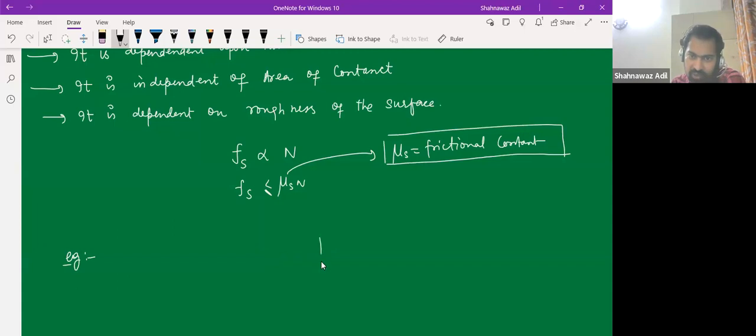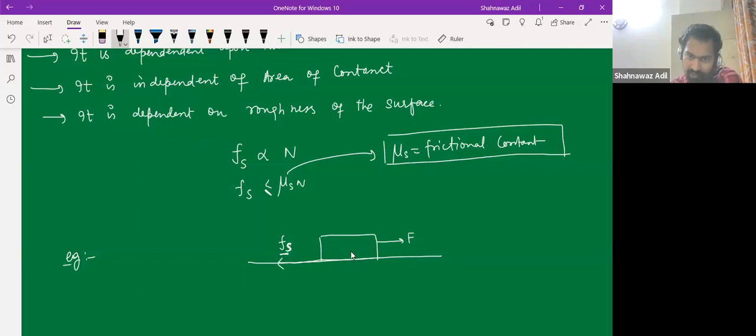So we have this object, and it is kept on this surface, and you apply some force in this direction, but it is not moving, which means that it is experiencing some force in this direction. It is not moving, which means that the frictional force is static friction.